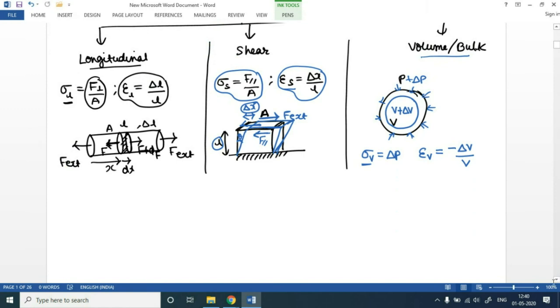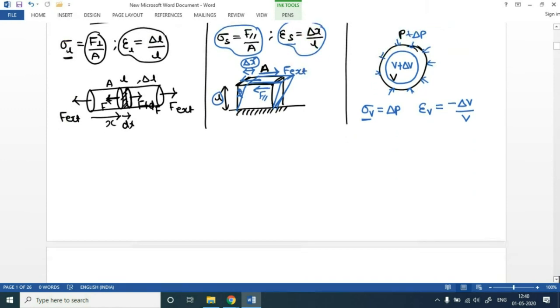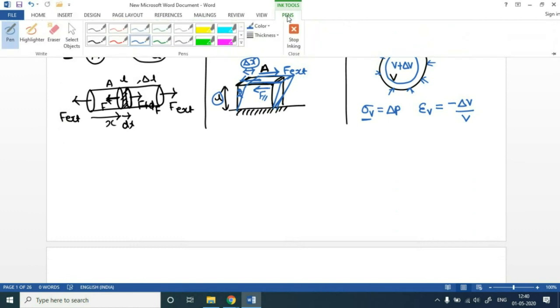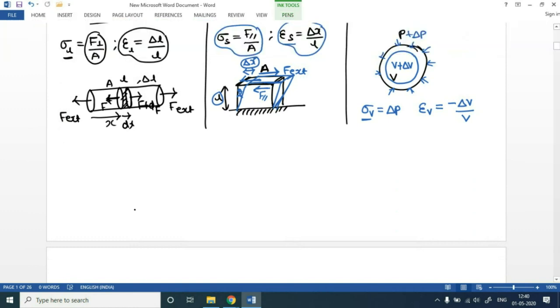So having said that, let's try to solve one very simple question. Let's say we have a uniform rod of cross sectional area A, and we are trying to stretch it by using some perpendicular force F over here. That is given in the question.